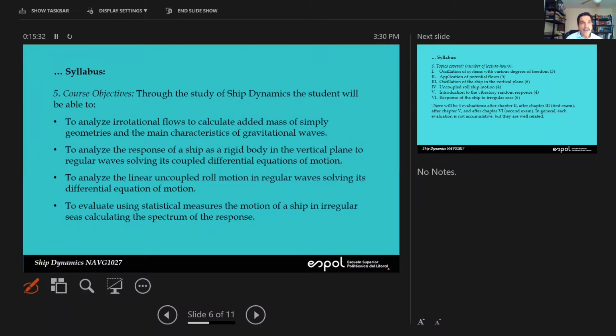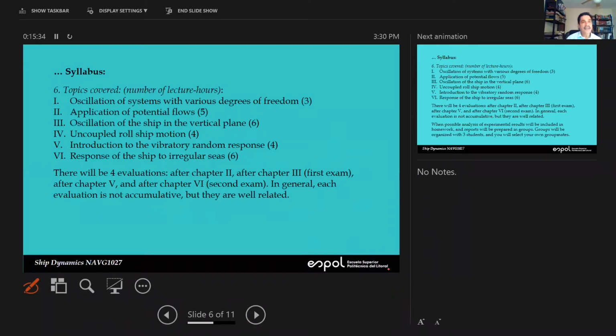We can go on. This is the content. We have 6 chapters. Chapter 1 is the oscillation of systems with various degrees of freedom.